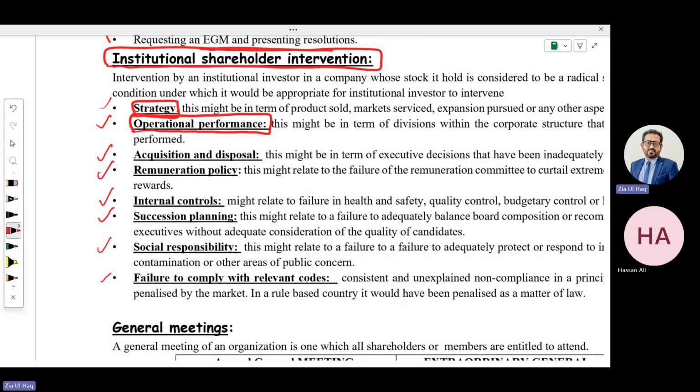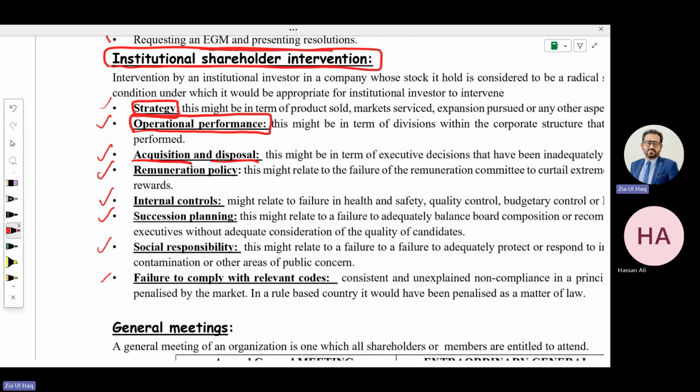They intervene, highlight, and ask why the company is not performing properly, and they recommend solutions to management on how these areas can be improved. Institutional investors also intervene in the acquisition and disposal plans of the company.